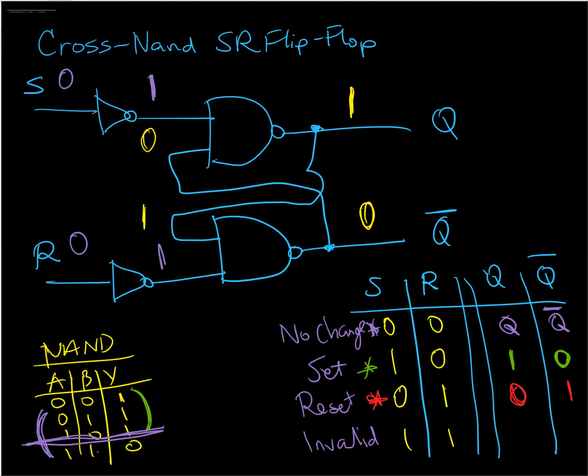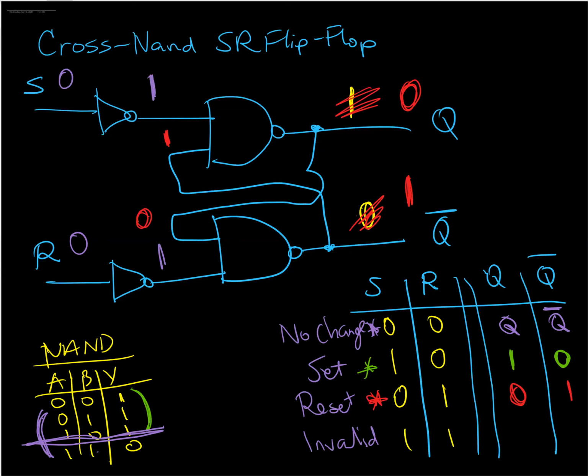Let's take a look at, well, what if the output had started in the reset state, which is 0 and 1, would that still be true? Well, this 1 would feed back to here, and a 1, 1 causes a 0 output, so no change. And the 0 would feed back to here, which would cause a 1 output, so no change.